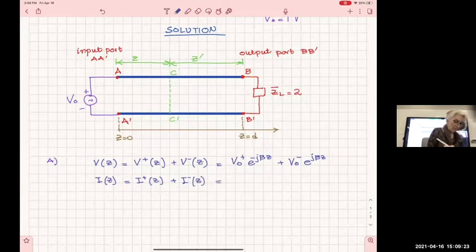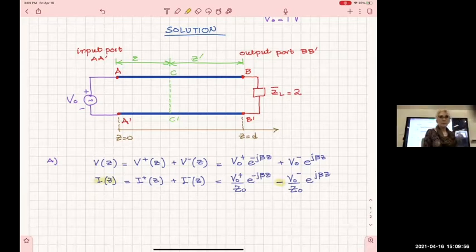But then we have found from our expressions that in terms of V naught plus and V naught minus, we can write it as V naught plus divided by Z naught, e to the minus j beta Z. Obviously, to find that, you need Z naught, minus now V naught minus divided by Z naught, e to the j beta Z. And remember this here. You have to remember that for I of Z, I have a minus sign.